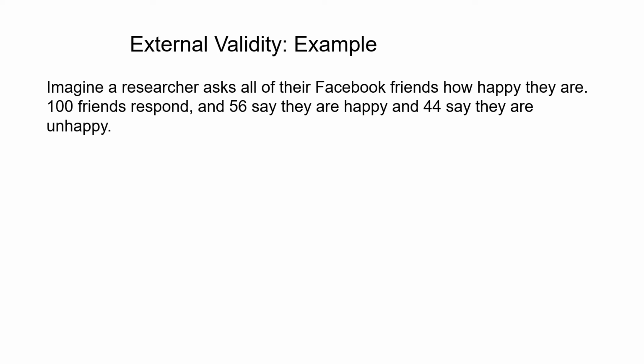So let's look at an example. Imagine a researcher asks all of their Facebook friends how happy they are. 100 friends respond and 56 say they are happy and 44 say they're not. Can you see any problems with external validity here? Well, first off, before anything else, let's just ask the question.